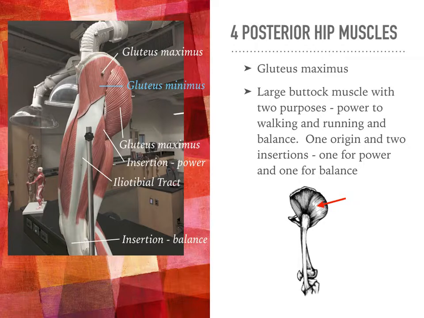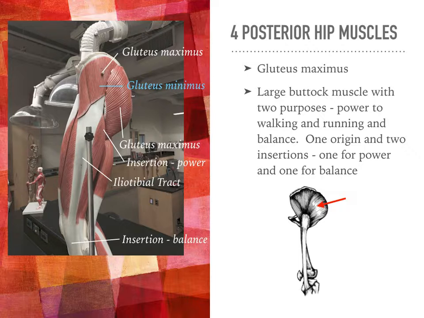It pulls the femur backward to force you forward. It inserts onto that gluteal tuberosity on the femur and has its origin up on the sacrum and the ilium, so far back that it anchors onto the sacrum as well.